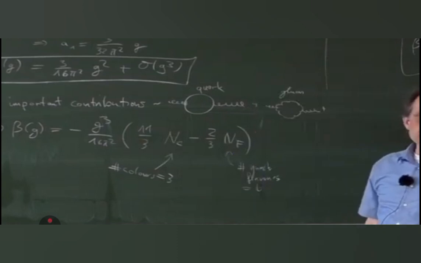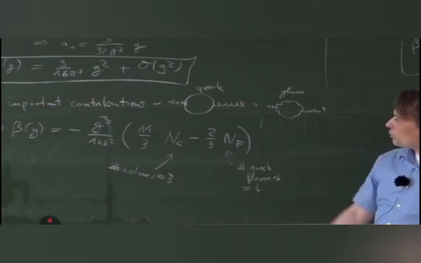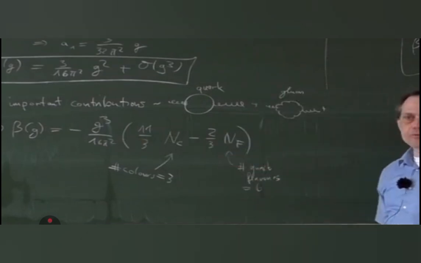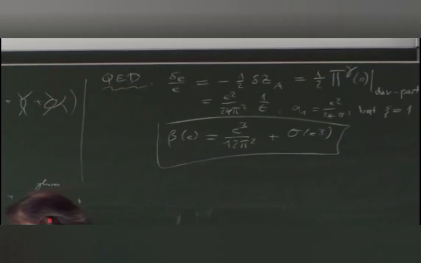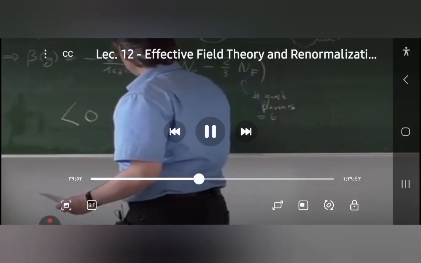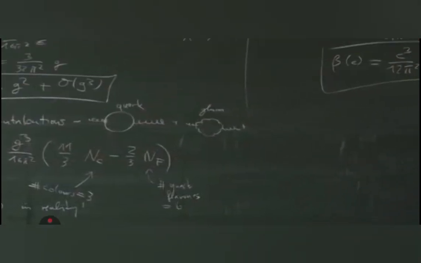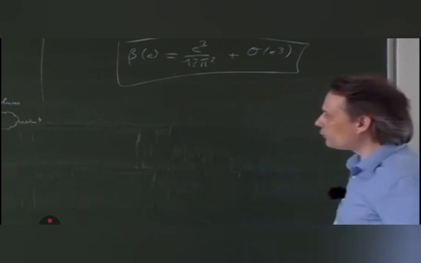So the gluons dominate, and therefore the sign of actual QCD is really negative, whereas in QED we have a positive sign. So this is smaller than 0 in reality. And that was a huge discovery, and it led to the Nobel Prize for the discoverers of this.